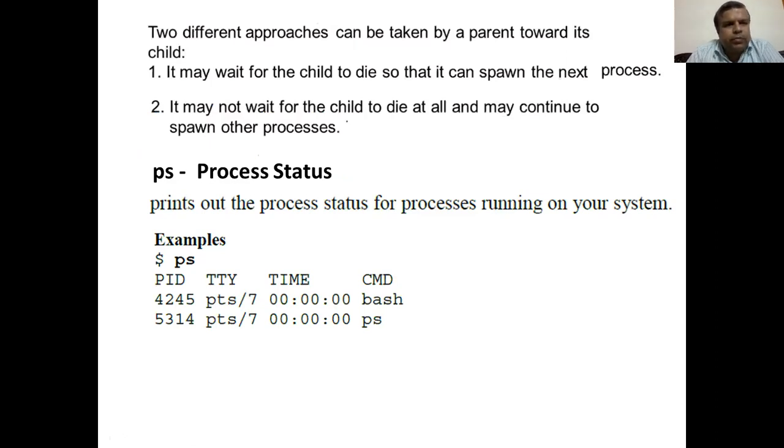Note that whenever a process creates another process, both the parent process and the child process execute concurrently, that is, in parallel. We do not have control over each other.